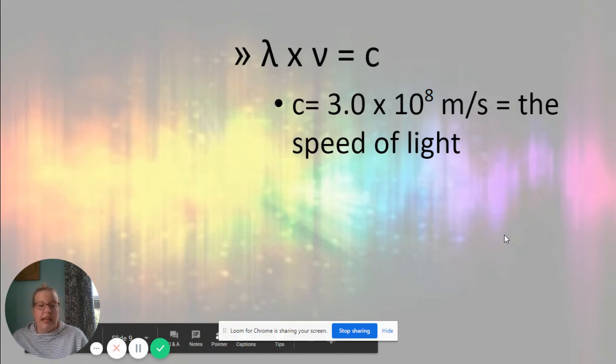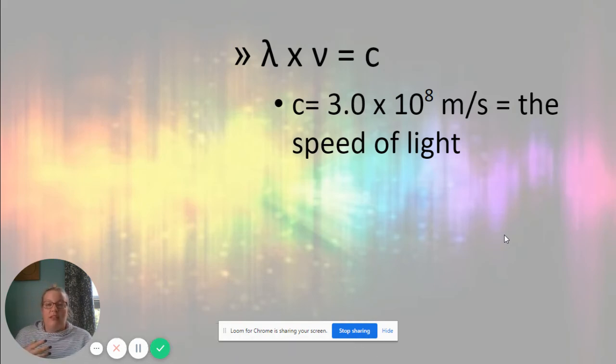Now, like I said, your wavelengths and frequencies are tied together. When the wavelength goes up, the frequency goes down. And that is actually because they all travel at the speed of light. In a vacuum, that is a constant. So no matter what type of radiation you have, they're all chugging along at the same speed, which is represented by the lowercase letter c.